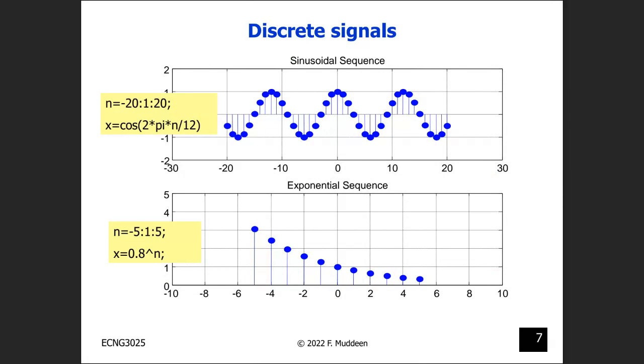So this is a discrete signal now, sinusoids, and I'm going to make a point that we'll come back to time and again. How this sinusoid looks depends on whether it is sampled or generated.